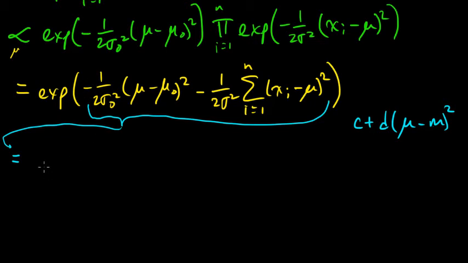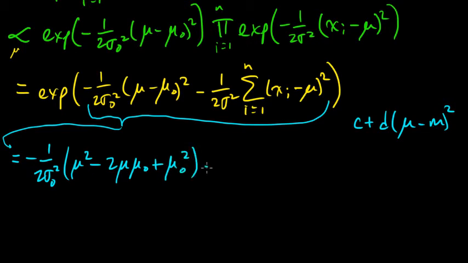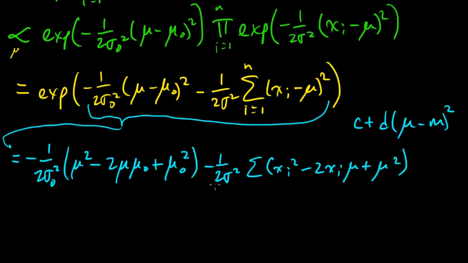Minus 1 over 2 sigma squared times mu squared minus 2 mu mu naught plus mu naught squared, minus 1 over 2 sigma squared times the sum of xi squared minus 2 xi mu plus mu squared.